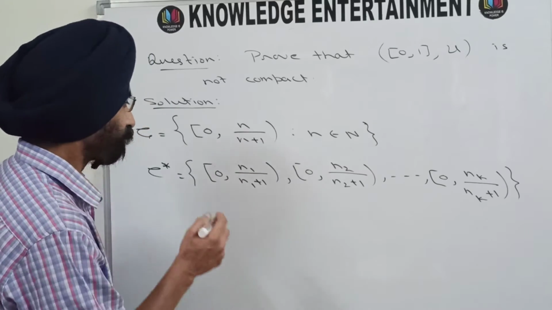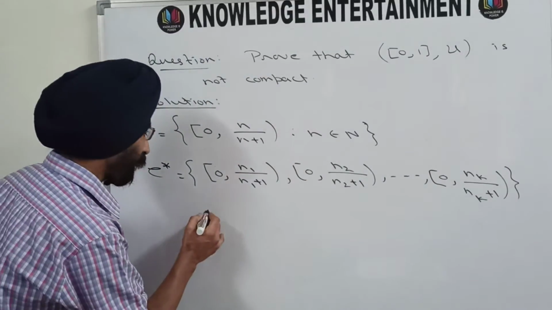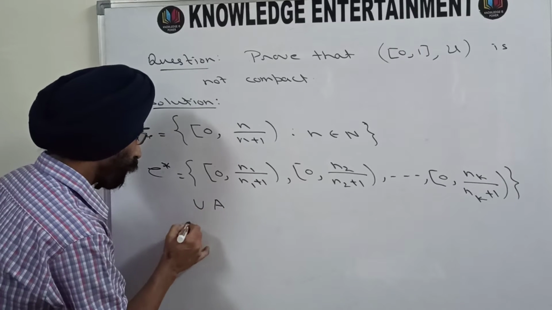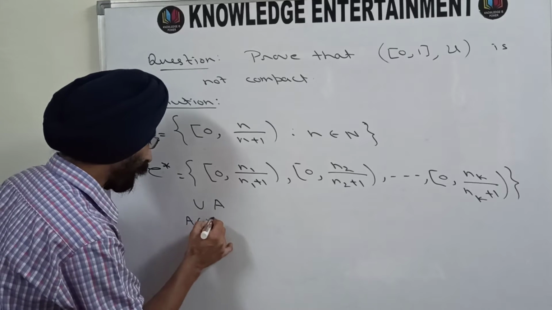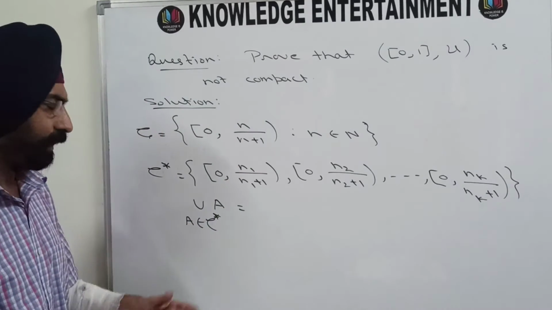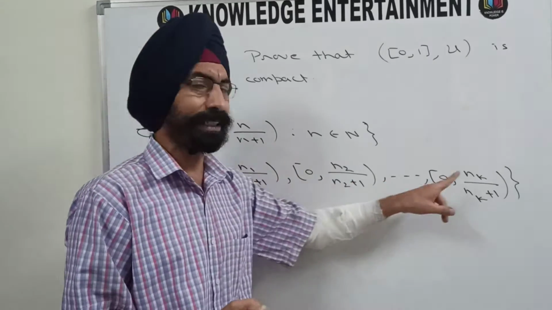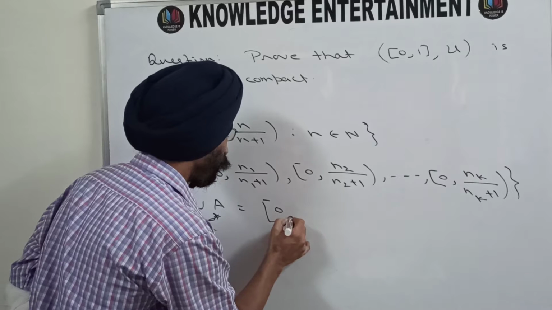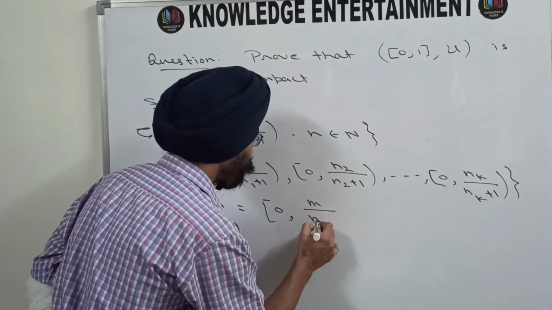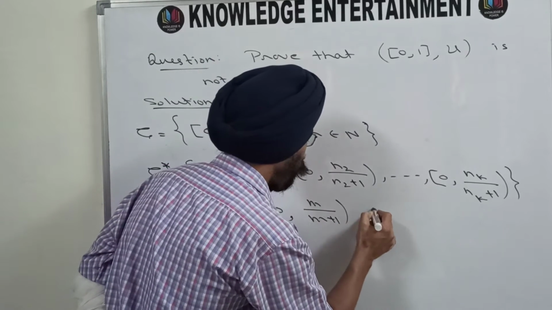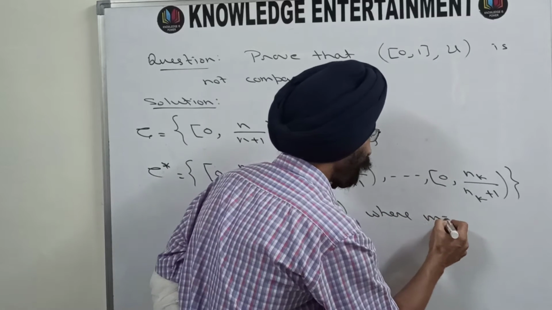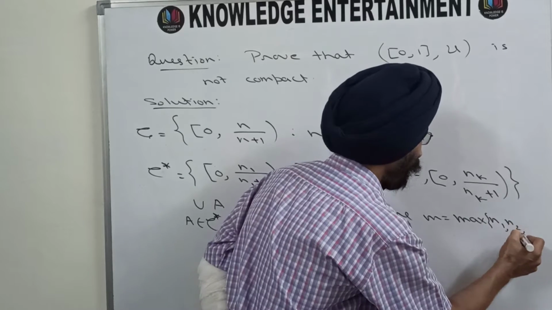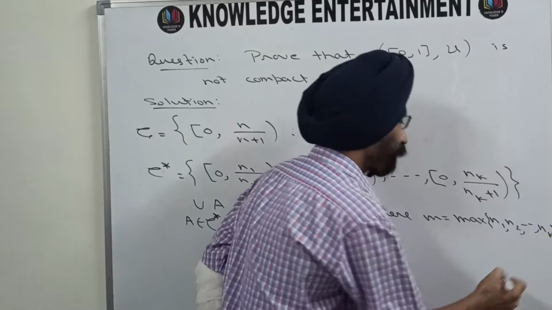Why? Because when you take the union of A, where A belongs to C star, that means the union of all these sets, it will be [0, m/(m+1)), where m is the maximum of n1, n2, ..., nk.